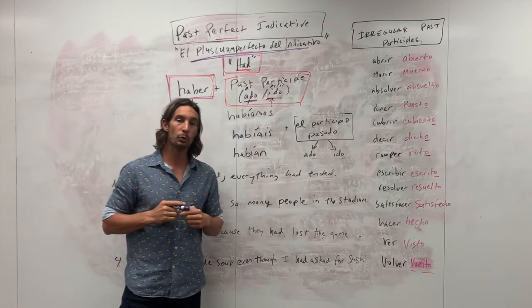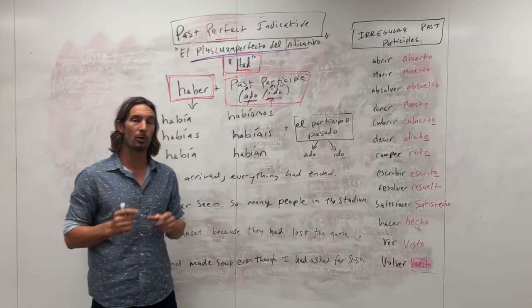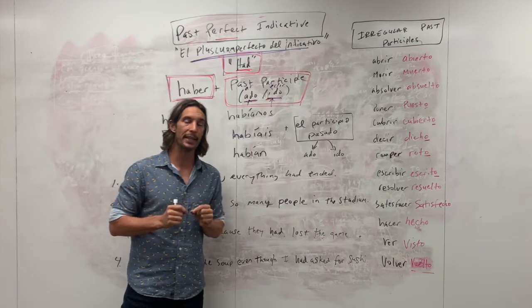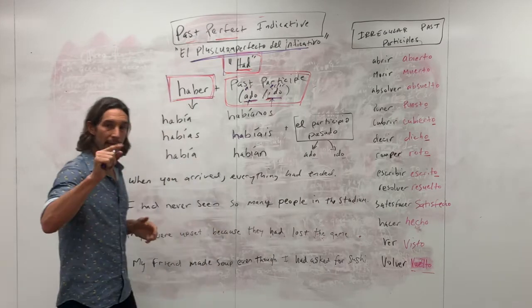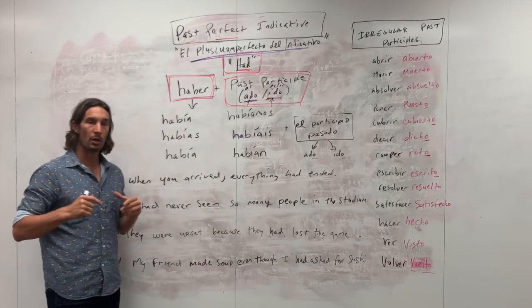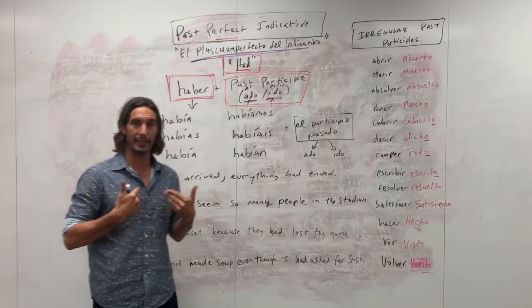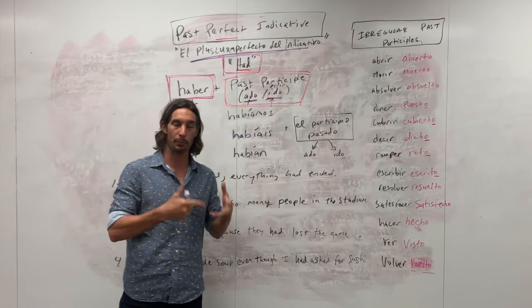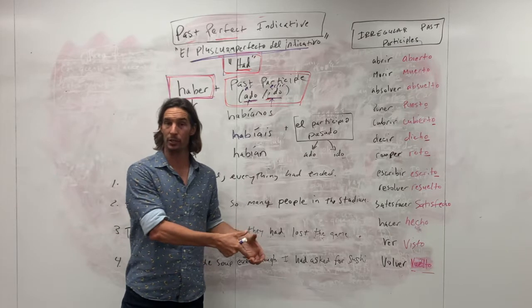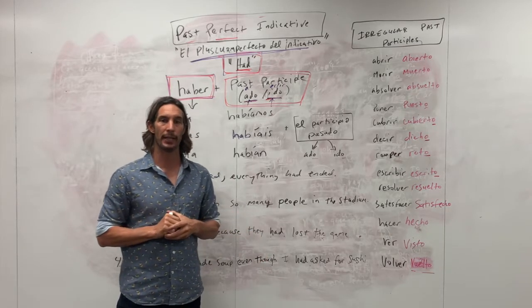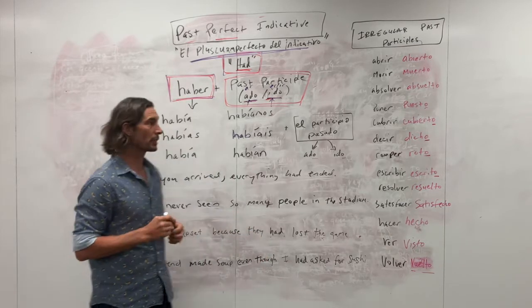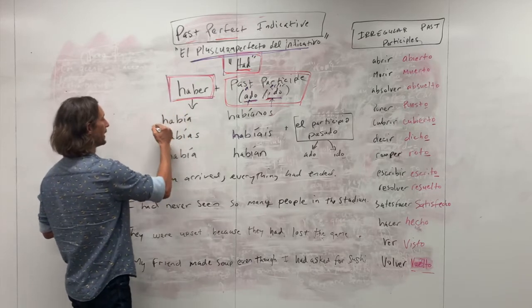For the pluscuamperfecto del indicativo, or the past perfect indicative, it's conjugated in the imperfect tense. While the present perfect indicative is conjugated in the present indicative tense, for the past perfect indicative, haber is conjugated in the imperfect tense.